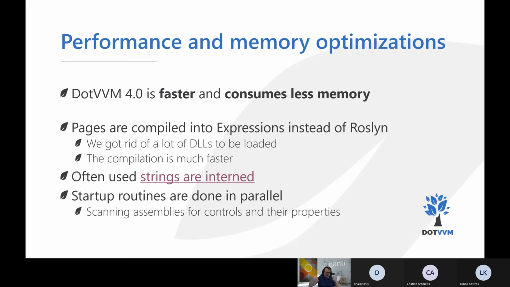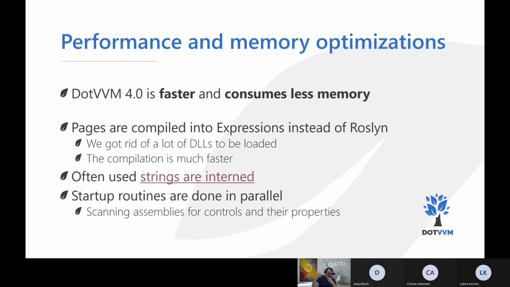We were doing this using Roslyn, which is not so fast. So we changed it to just LINQ expressions. Instead of emitting C# code, we are just building LINQ expressions and then compiling them. So now this process is many times faster.